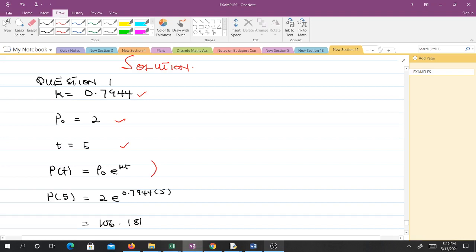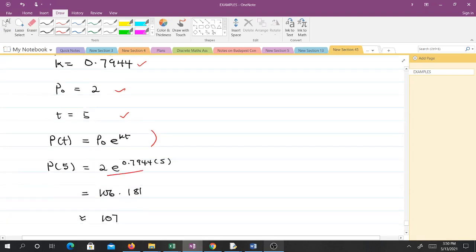From this equation, the population at time t equals 5 will be equal to 2 because p naught is 2, then k is 0.7944 and t is 5. And when you compute this, you get 106.181. In some textbooks, they will approximate this to 106.